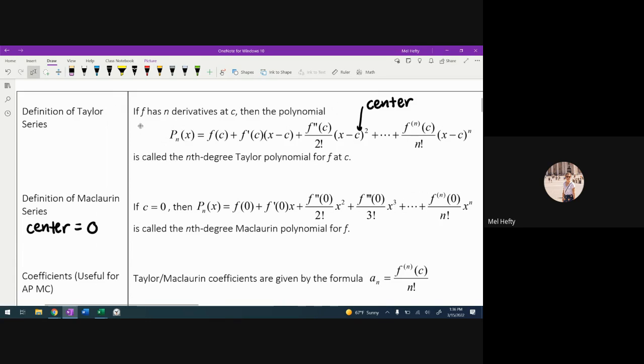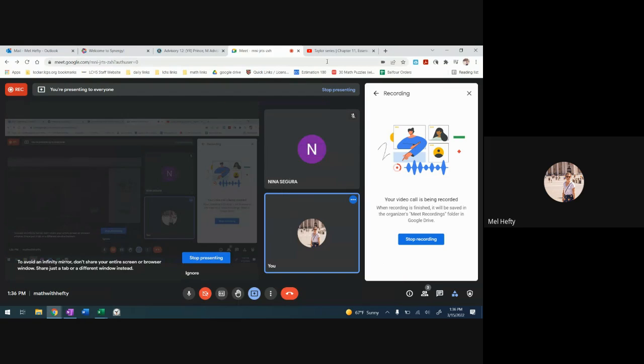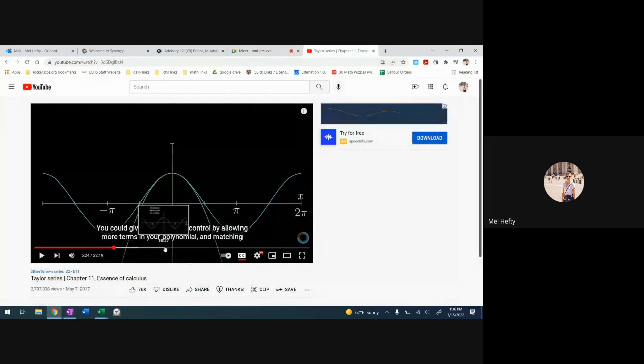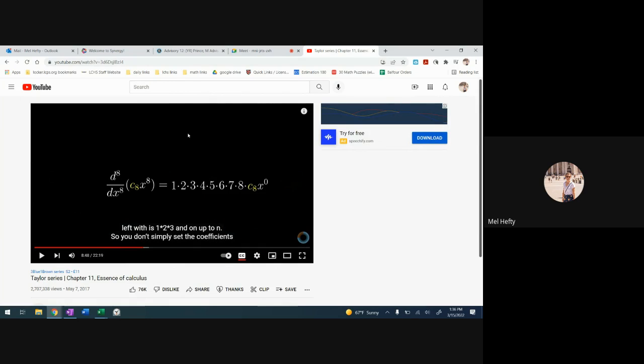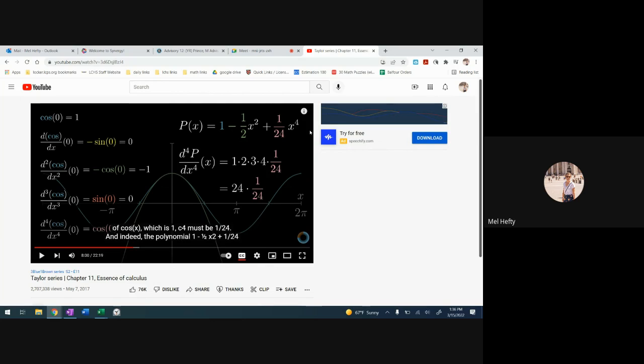Can anyone think of why the factorials are there? All right. I'm going to try to scroll through here in a second. As you go through and start taking derivatives, notice that to match up the stuff that you want, you have to divide by whatever derivative you're at.